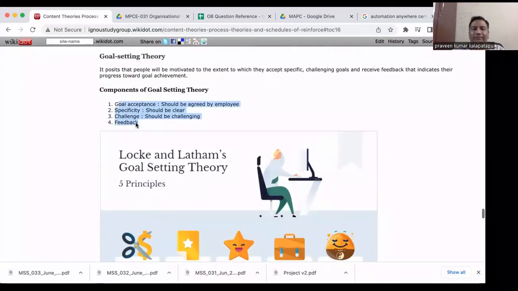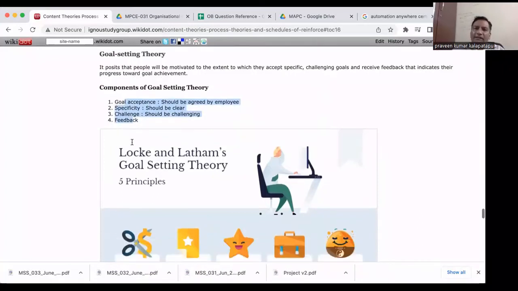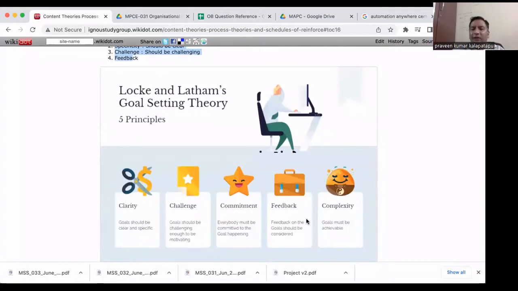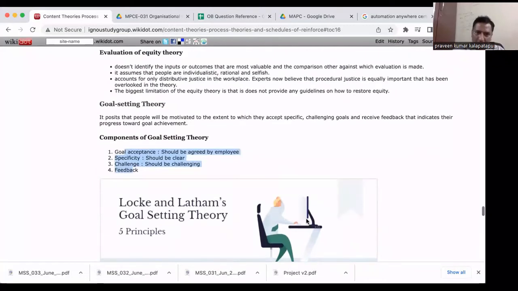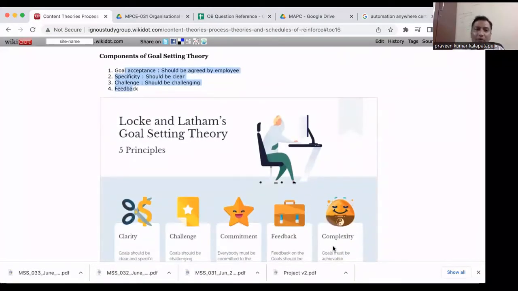Okay. So one thing which I was not sure about is that IGNOU's book talks about these 4 components, but the rest of the internet talks about 5 components as far as Locke and Latham's goal setting theory is concerned. Okay. So whether it is 5 or 4, not sure. So basically, what is the difference? Clarity, yes, specificity is there.